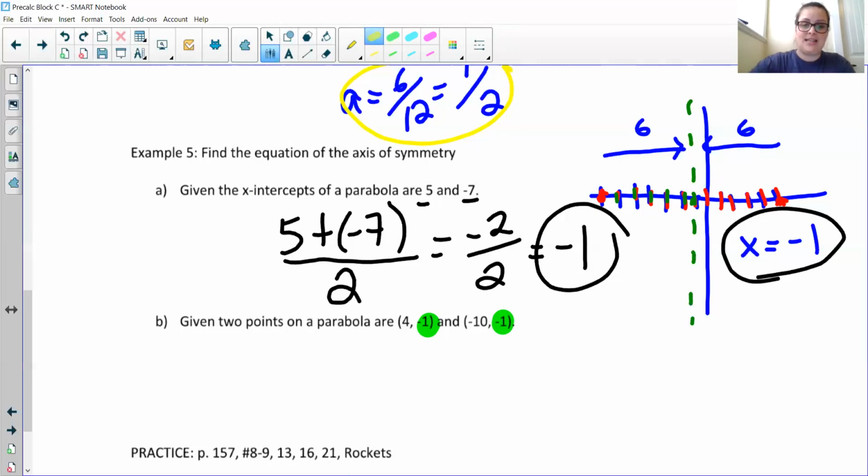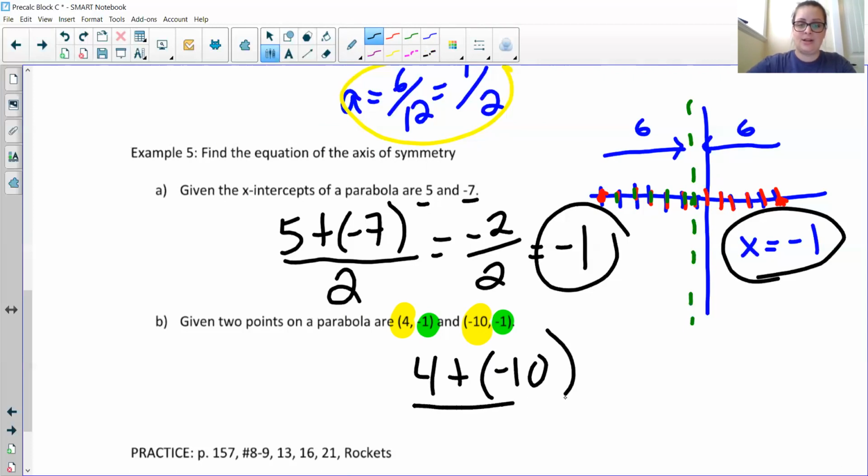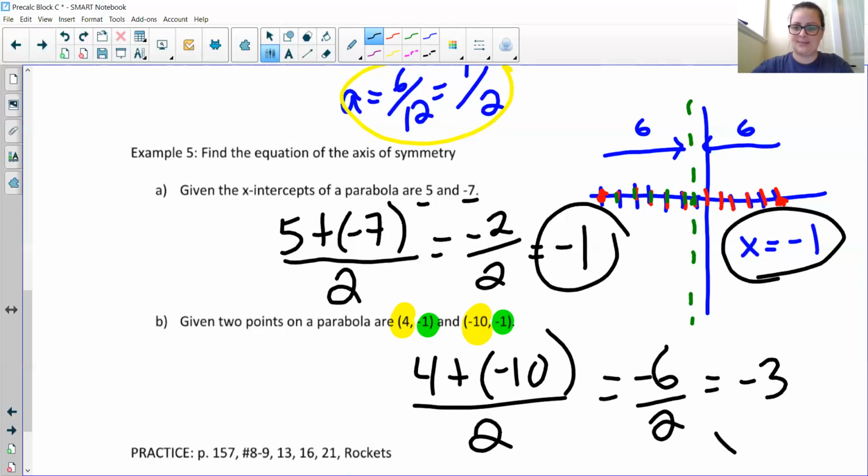What we're going to do is take the two x values of these corresponding points that are directly across from each other on the parabola. We're going to add them together, and we're going to divide by 2. So here the axis of symmetry is x equals negative 3.